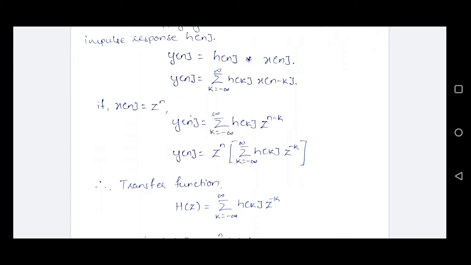If we decompose this, z to the power n will be independent of this summation, so it will be taken outside, and the remaining summation k from minus infinity to plus infinity h of k z to the power minus k is defined as the transfer function of the linear time invariant system, which will be denoted by H of z.